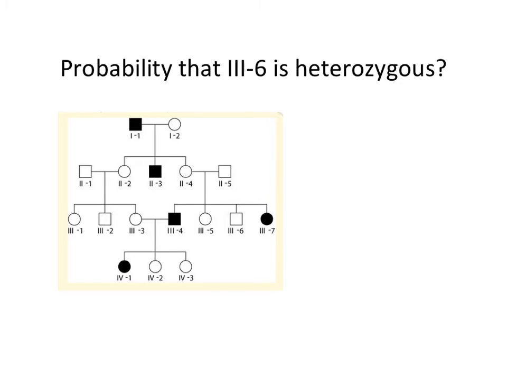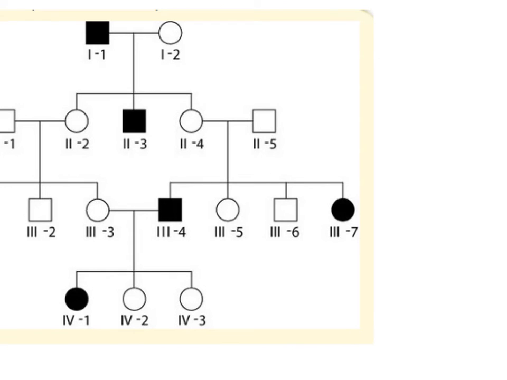The approach to that question is different than the approach to this question. This one really is asking for that Punnett square sort of thing. If you have two heterozygous parents, what's the probability that one of their kids is heterozygous? So we have a heterozygote here, and we guessed that this parent must also be to have affected kids.